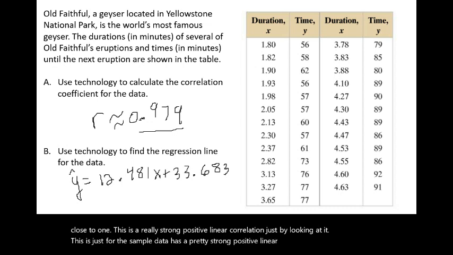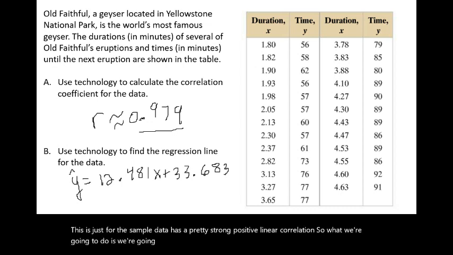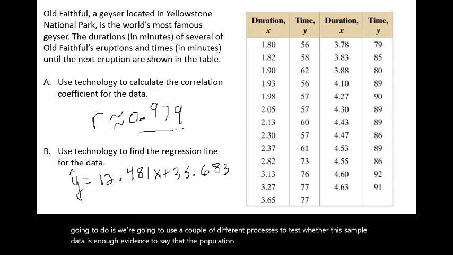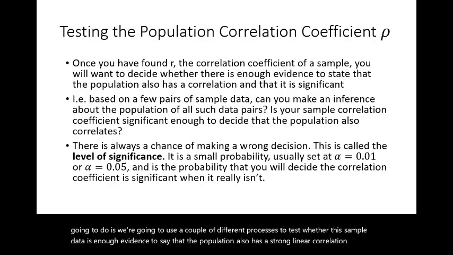What we're going to do is use a couple of different processes to test whether this sample data is enough evidence to say that the population also has a strong linear correlation. So that's what this process is going to be about.